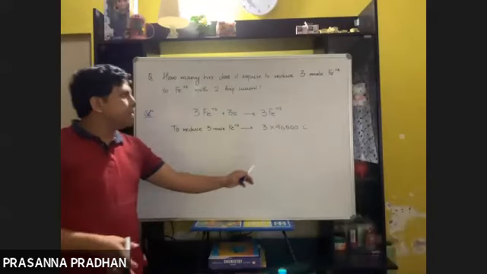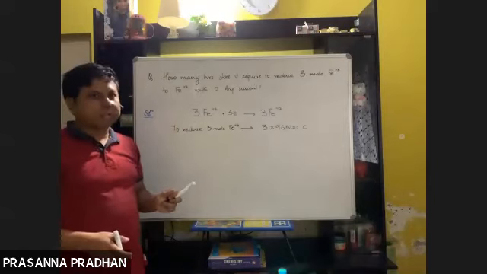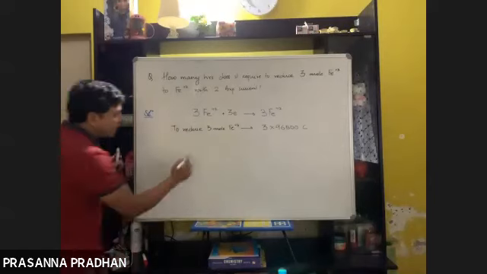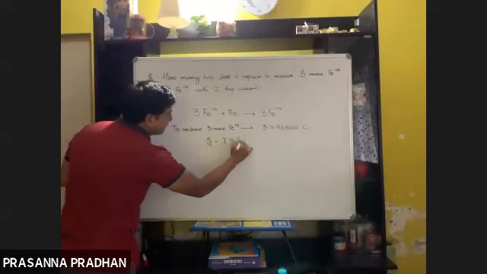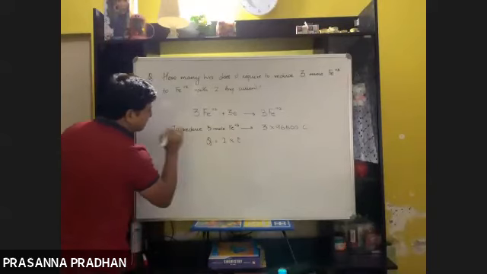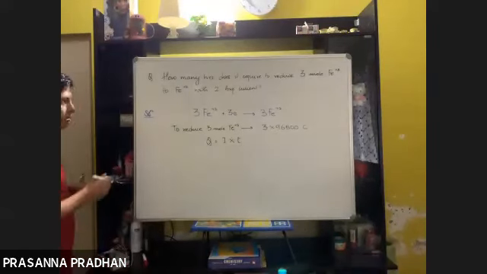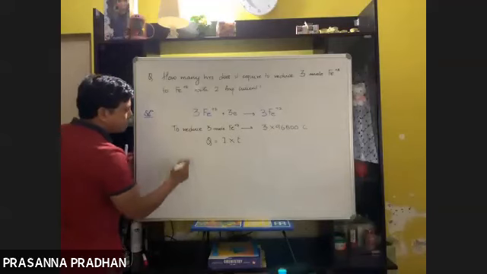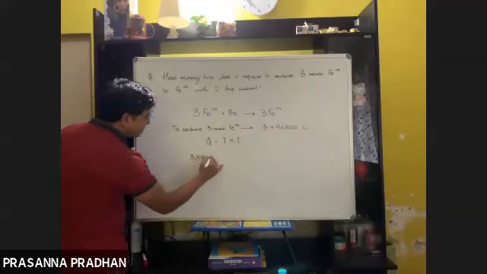But here we are supposed to find out the time in hours. Now which relation will we use? We know that Q is equal to I into T. What is the amount of charge required? It is this much to reduce 3 mole of ferric iron. So let us substitute the value of charge: 3 times 96500.